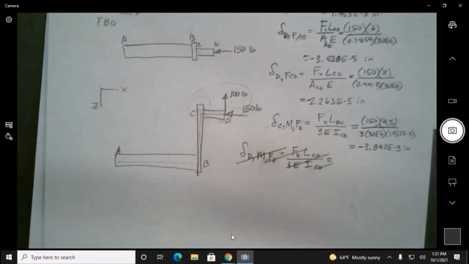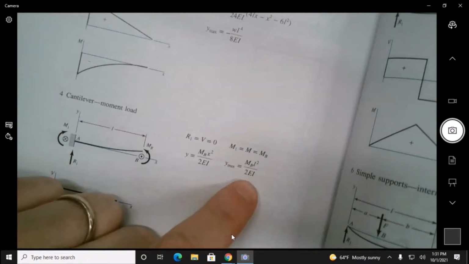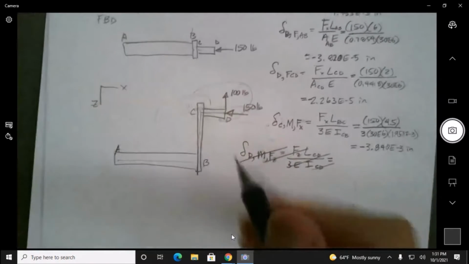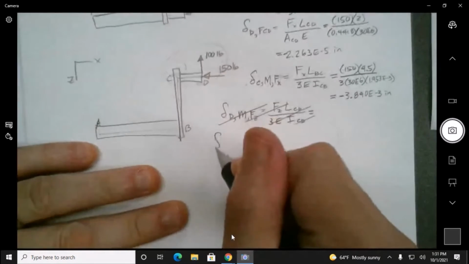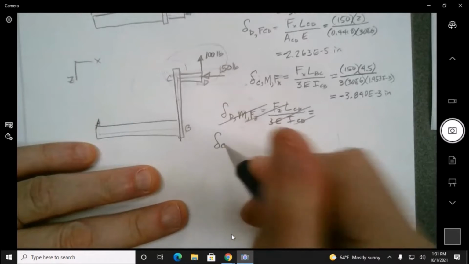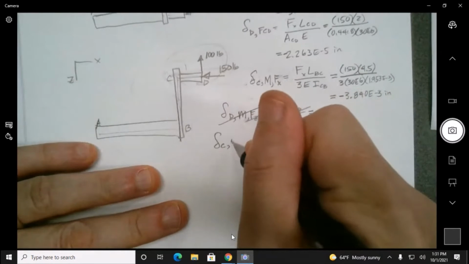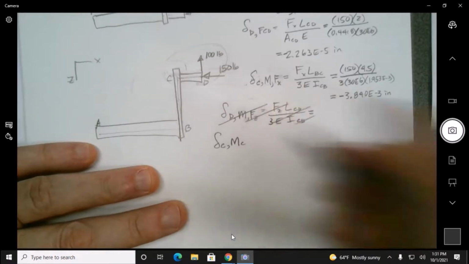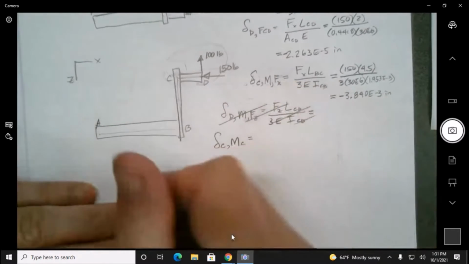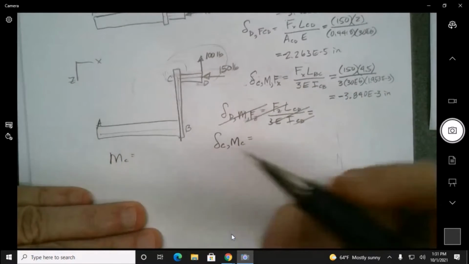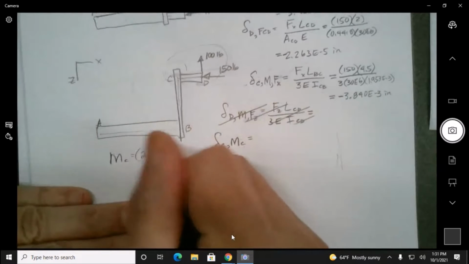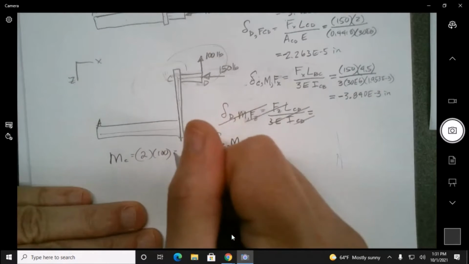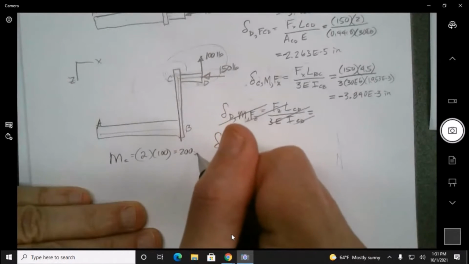And the equation for that maximum is ML squared over 2EI. So let's say the deflection at C due to the moment about C, right? That moment about C, we could do this in our head, is 2 times 100, or 200 inch-pounds.